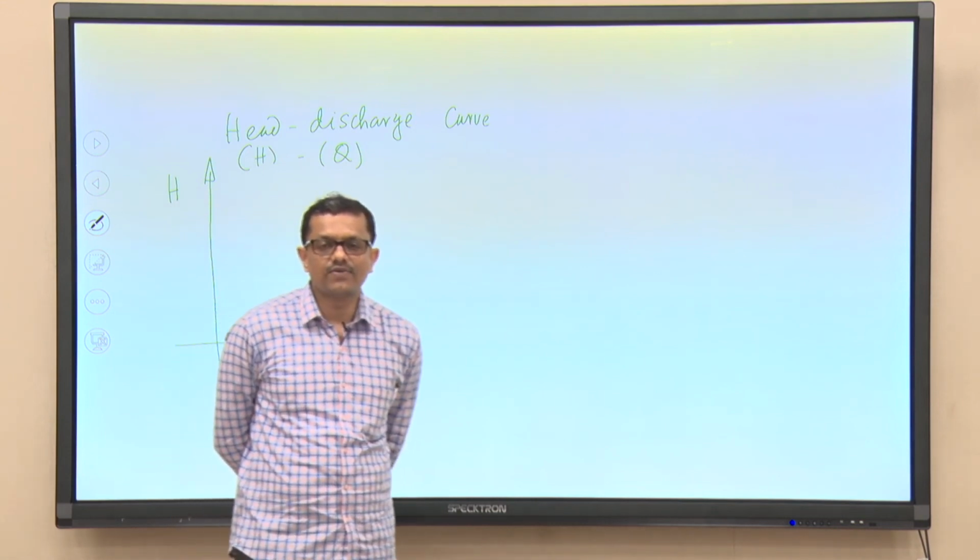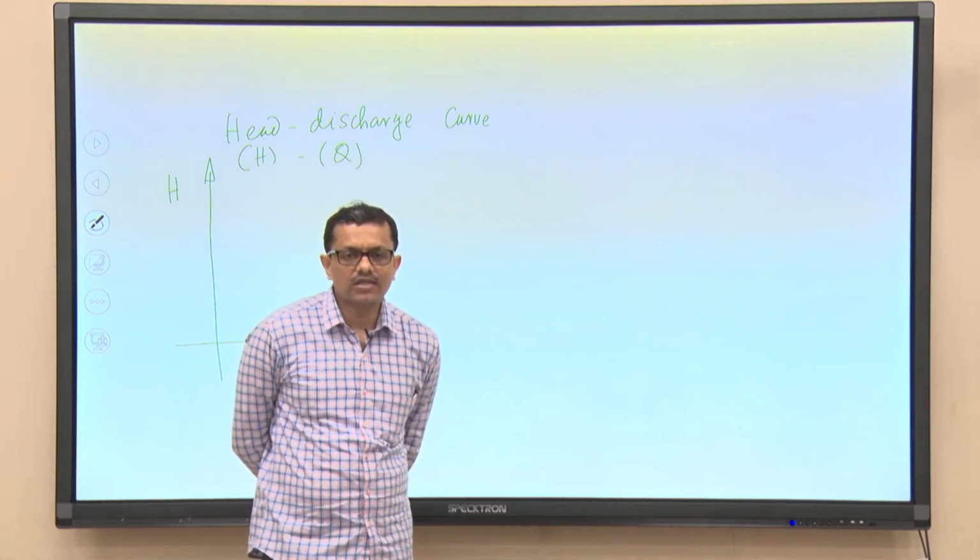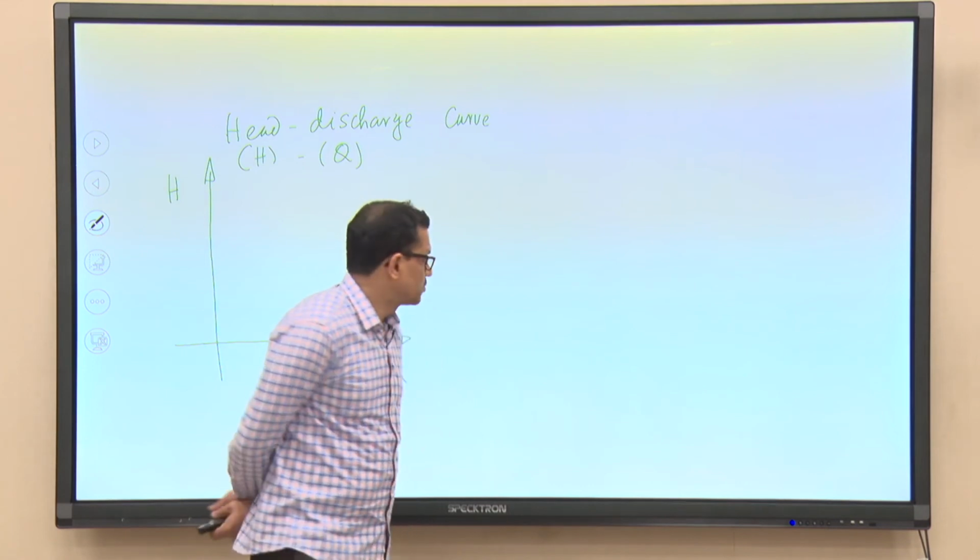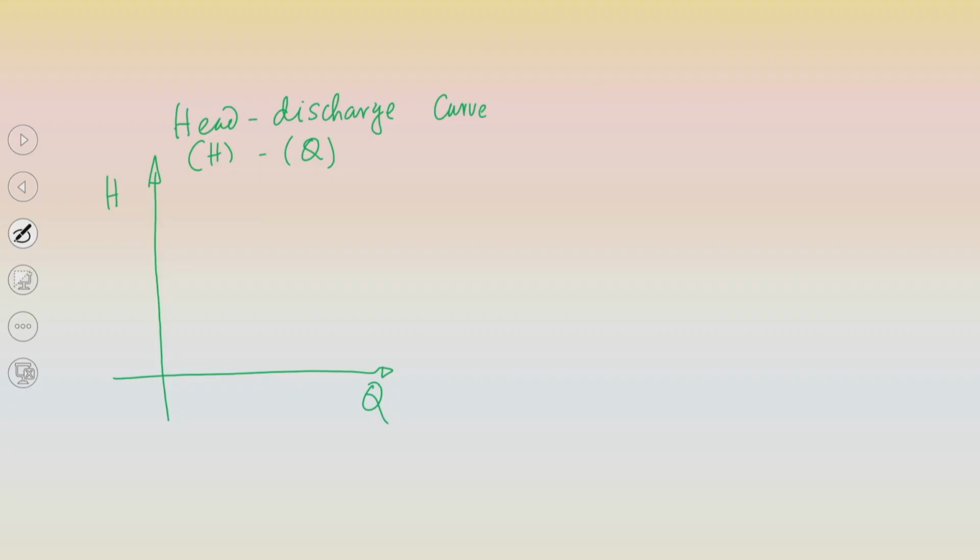One is the curve for the pump itself, another is the curve for the system. If we try to draw the curve for the pump itself, then it looks like this, and this is known as shut-off head.